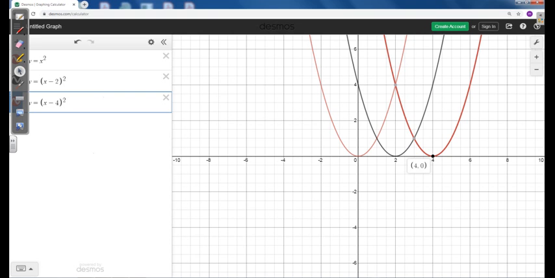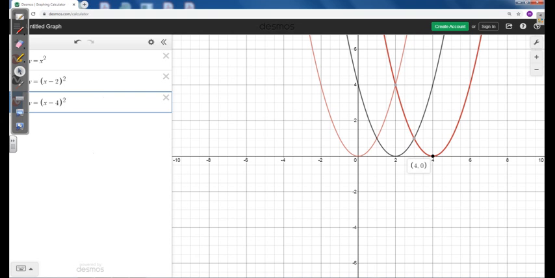If my h is negative, I'm going to get x minus and another minus. The minus and the minus force it to become a plus, and that's why when it's a positive, it's actually to the left.